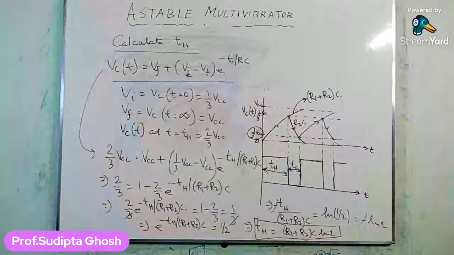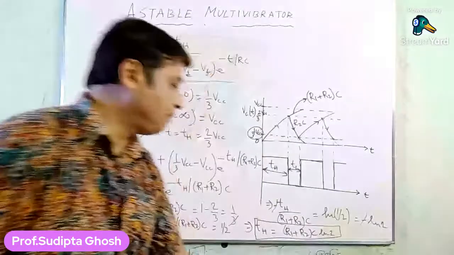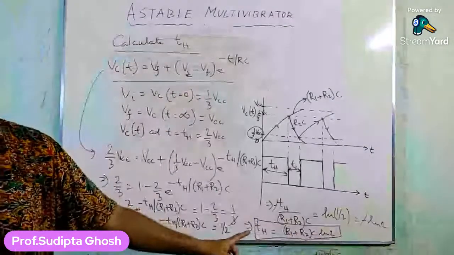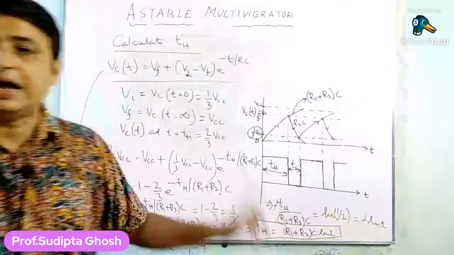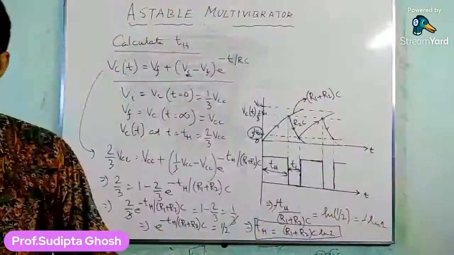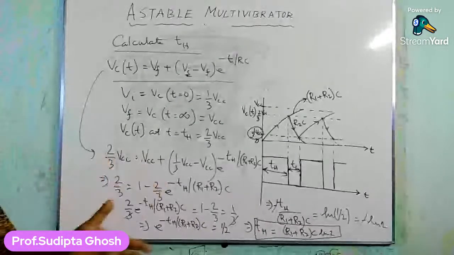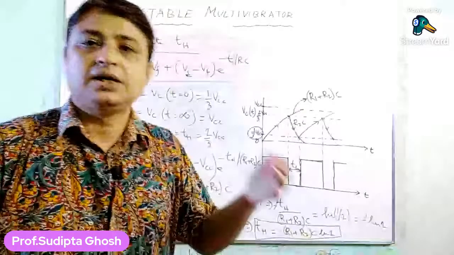As we can see, the high time period is dependent on the external components of this circuit, that is, on the value of R1, the value of R2 and the value of C. So the high time period is solely dependent on the external components used in this circuit.